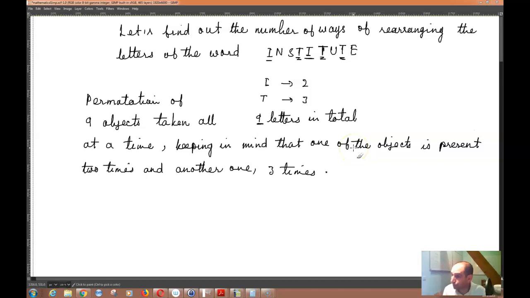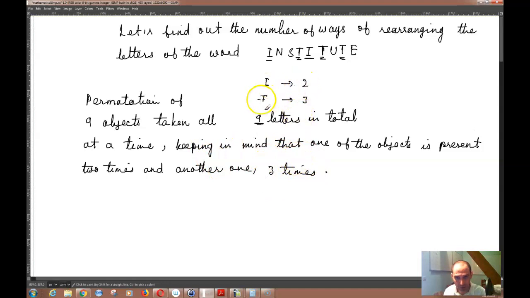Now, in order to do this, in this case there are 9 letters, in which I appears twice, that's a good way of talking about it, and T appears 3 times.